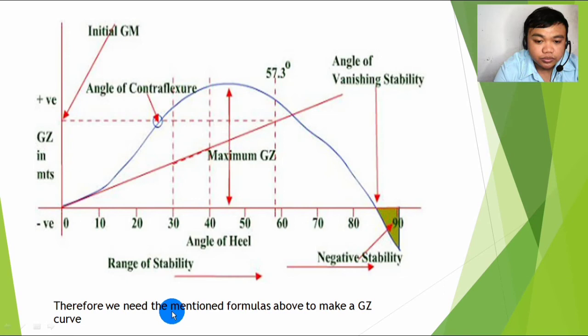Again, therefore, we need to mention formulas above to make a GZ curve. So that's it. I hope that we have achieved the intended learning objectives to calculate GZ at large angle of inclination, and also to give the formula for the angle of Loll.